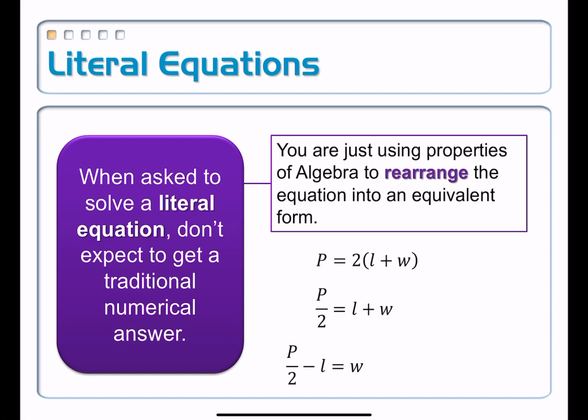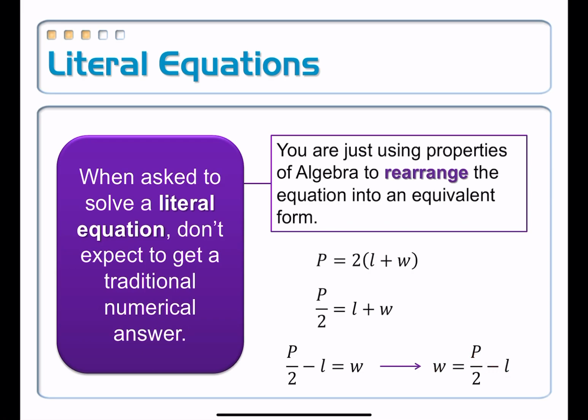And so I have perimeter over 2 minus the length is equal to W. Of course, if we wanted to solve it for W, we usually have that on the left-hand side, so I'm going to use the symmetric property, just basically flip that over. And so now I can see that W is equal to P over 2 minus L. In order to calculate the width, I need to know the perimeter and the length. Our width is in terms of perimeter and length.